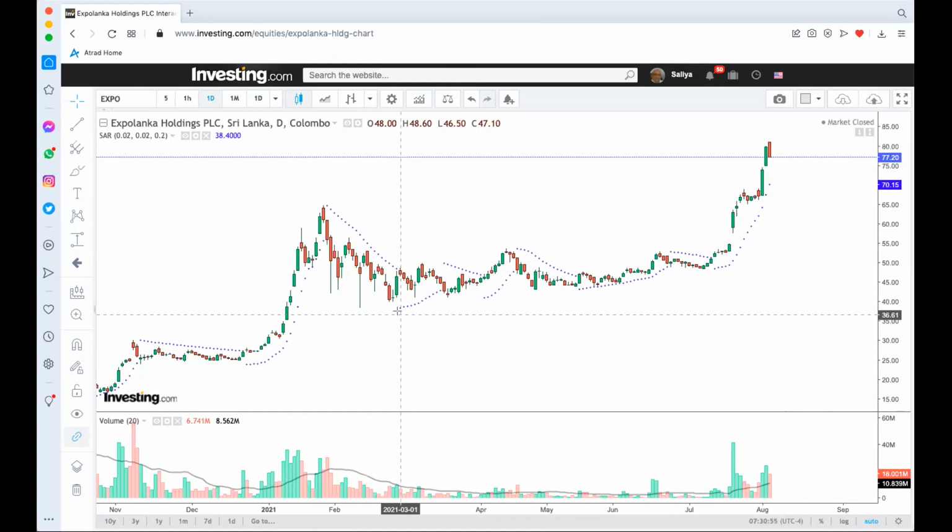The only drawback when you're using the parabolic stop and reverse indicator in isolation is when the prices are going sideways.